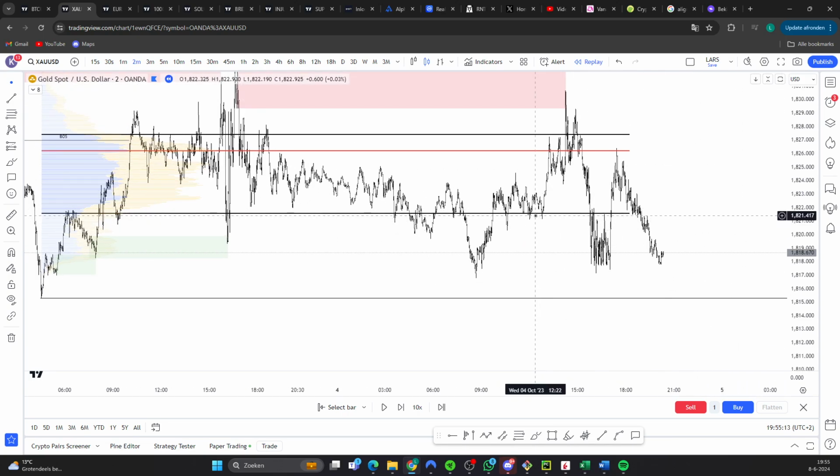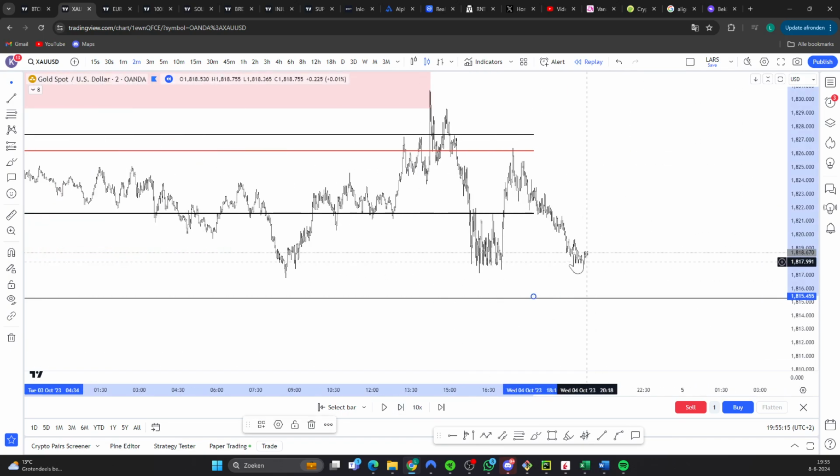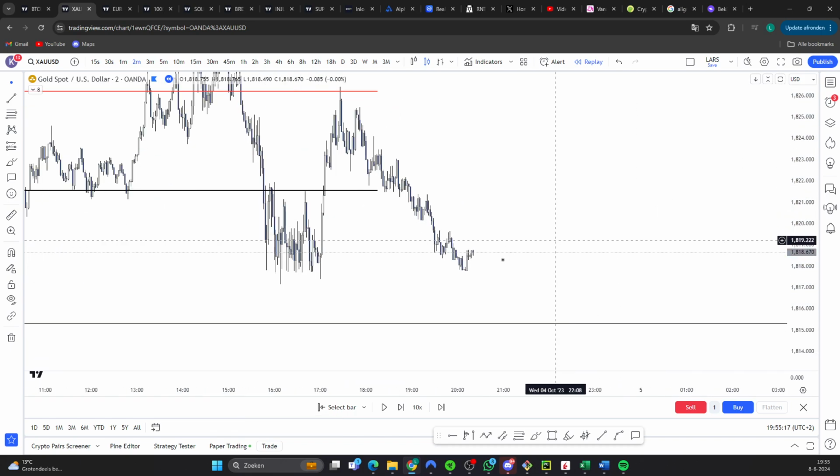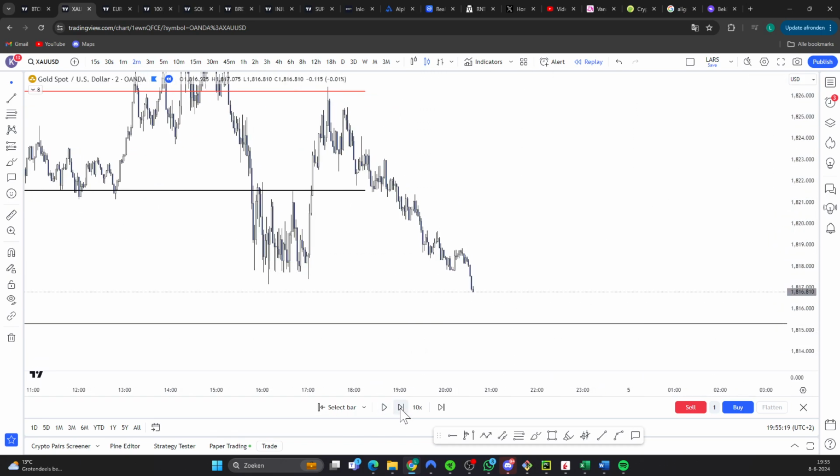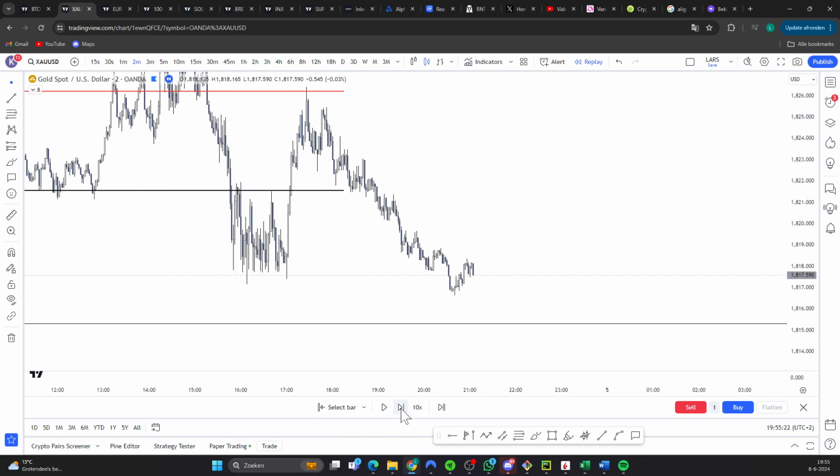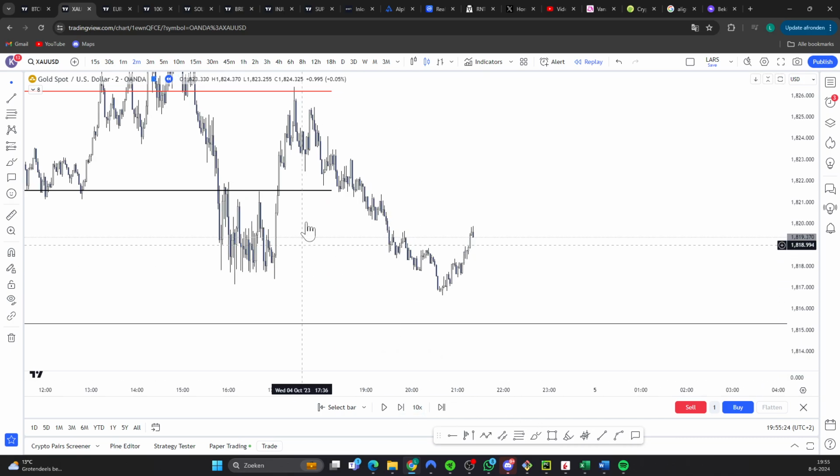No setups. No setups. But the way we're coming down, we're leaving loads and loads of liquidity.